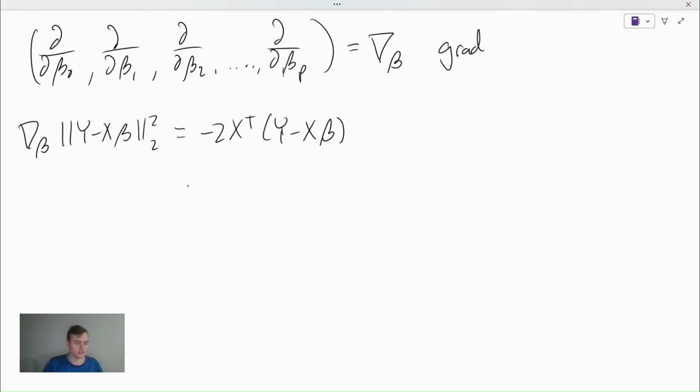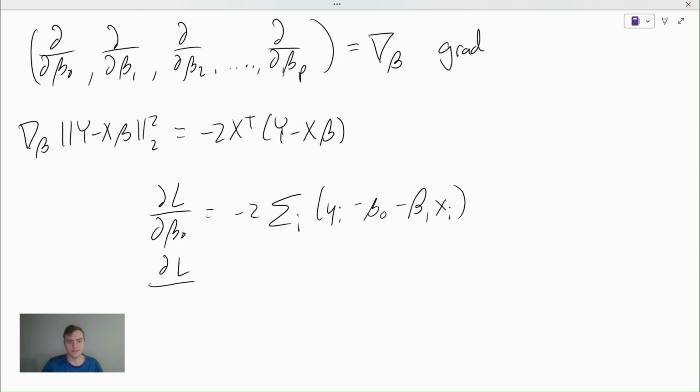Well, first, maybe let's show how this is the same as last time. Last time we had dL d beta 0 equals -2 sum over i of yi minus beta 0 minus beta 1 xi, and dL d beta 1 equals -2 sum over i of xi times yi minus beta 0 minus beta 1 xi.